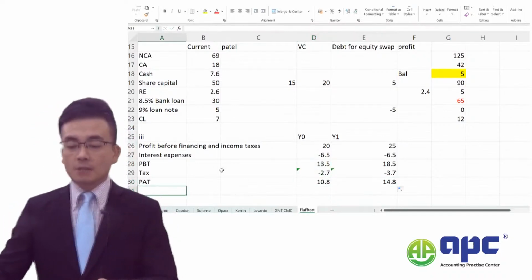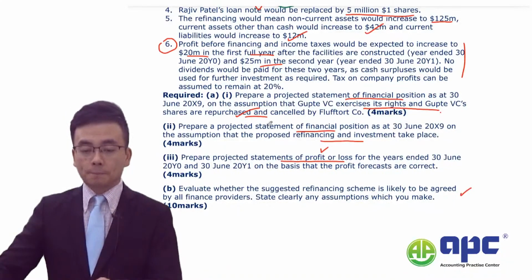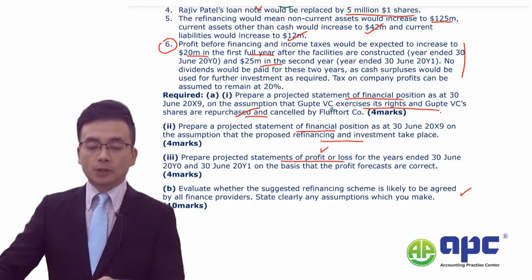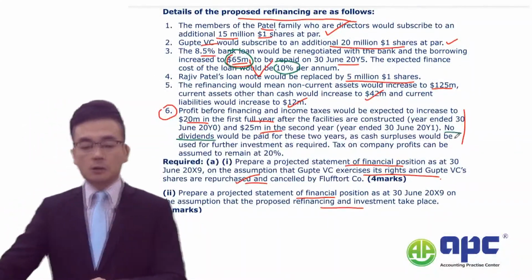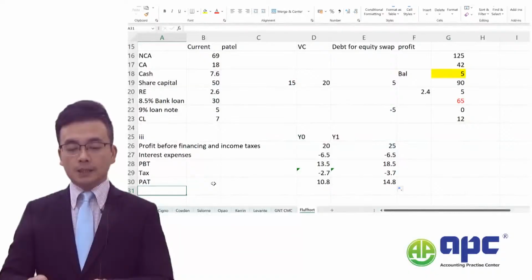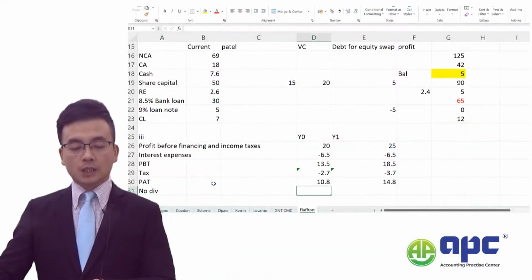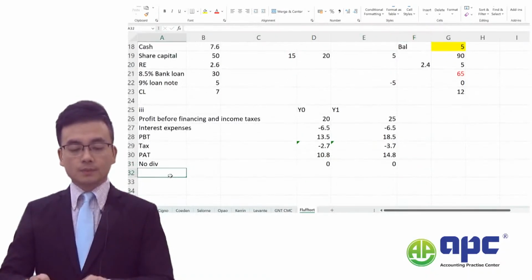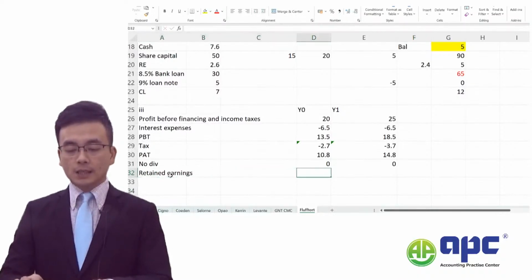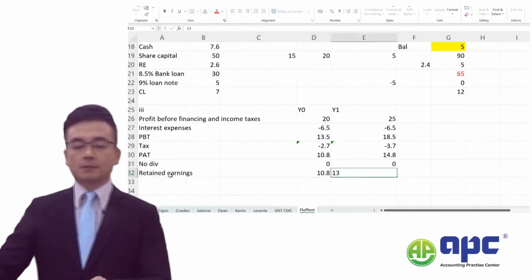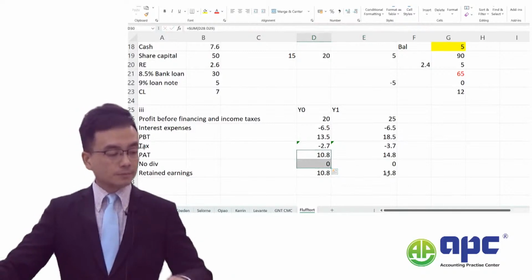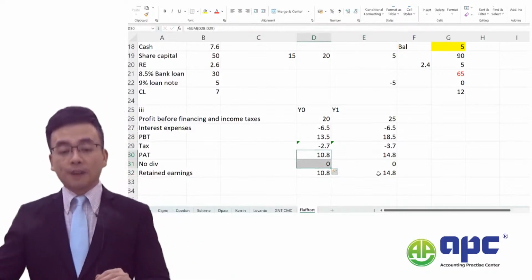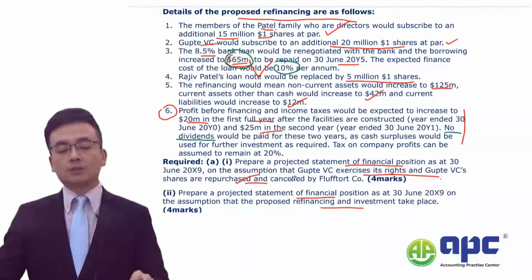Of course, how much dividend will you pay? Now, we're told in point number 6, no dividend will be paid. So no dividend paid, and that's why the retained earnings will be increased to 10.8 and 14.8 respectively, because you're plotting these two together. Now, that's all for parts 1 to 3.